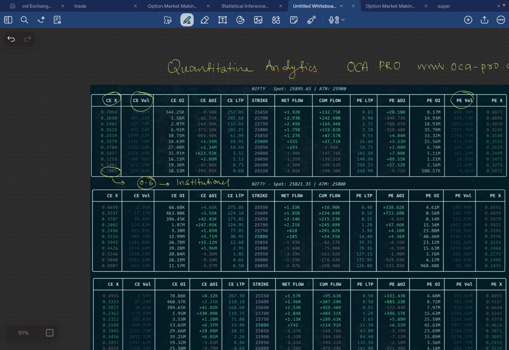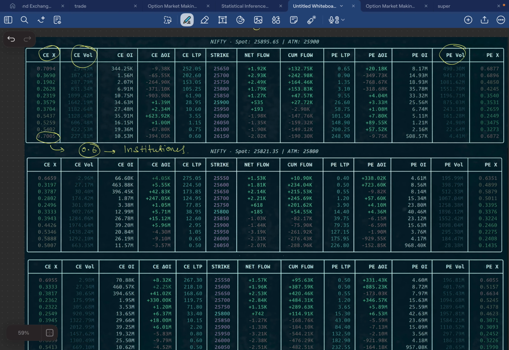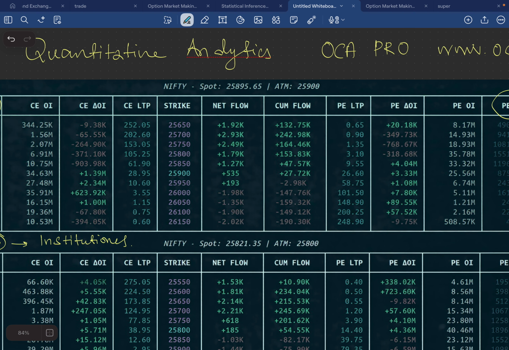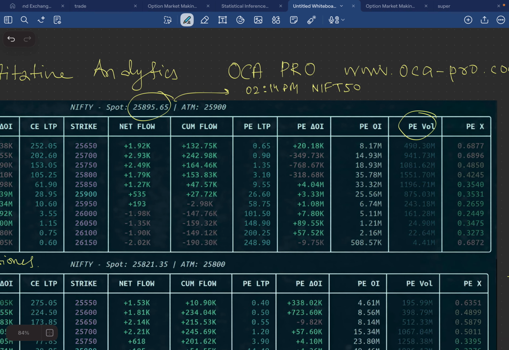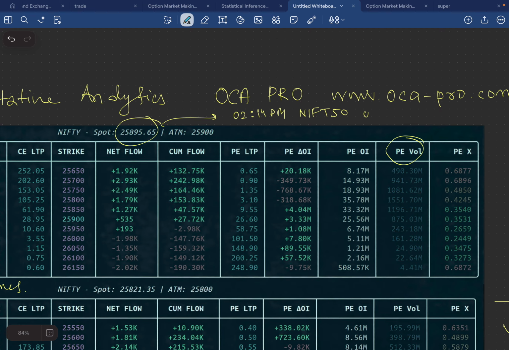These are three different snapshots which I have stitched together. This snapshot is from time 0 to 14 p.m. for Nifty 50 on today's date, 09 December.